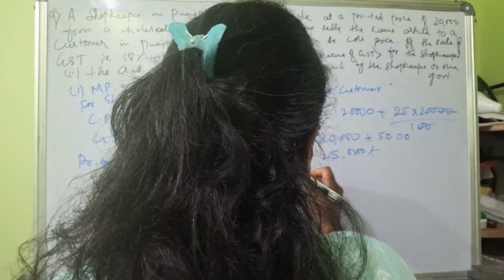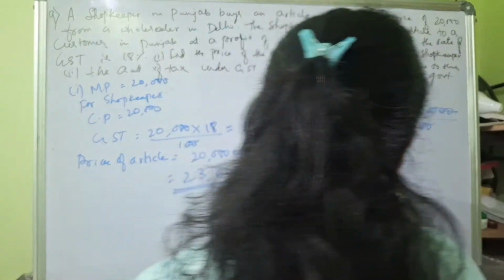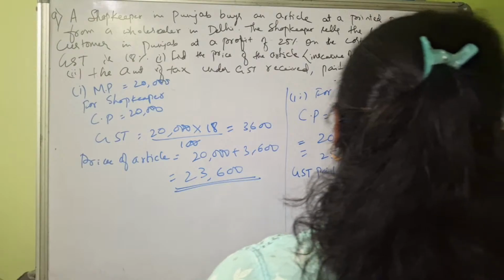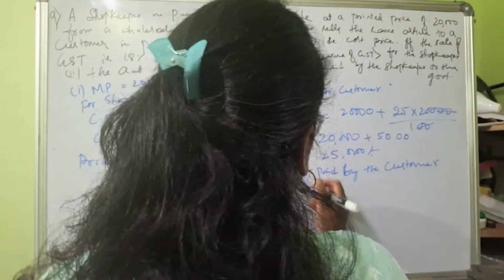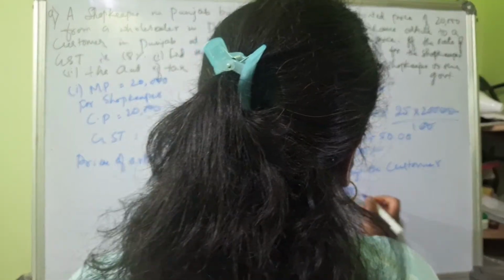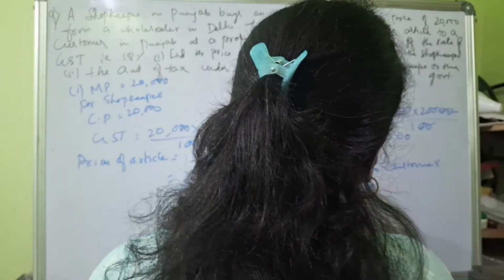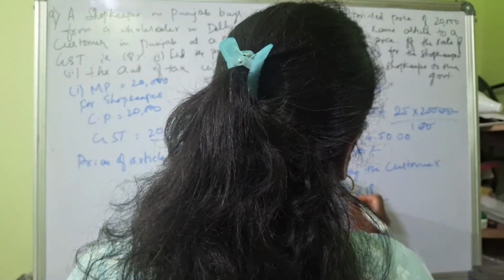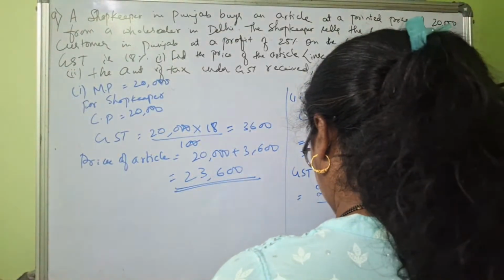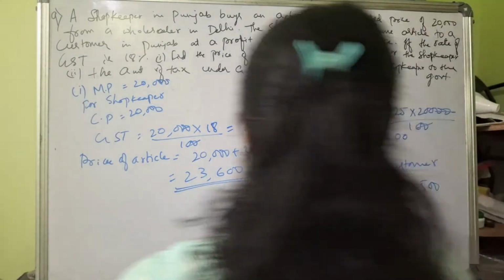So GST paid by the customer is equal to 25,000 into 18% divided by 100, which is equal to 4,500. 4,500 is the GST amount.